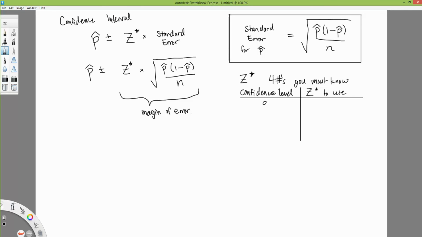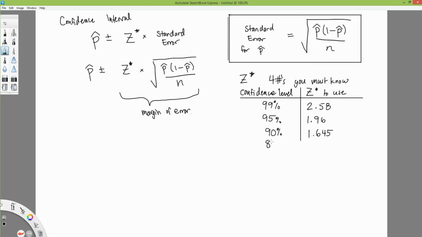Okay? So if you want to be 99% confident, the Z star you use is 2.58. If you want to be 95% confident, the Z star you use is 1.645. I'm so sorry, not 1.645. I messed that up. 1.96. 1.96, I apologize. Messing up here. For 90%, that's 1.645.